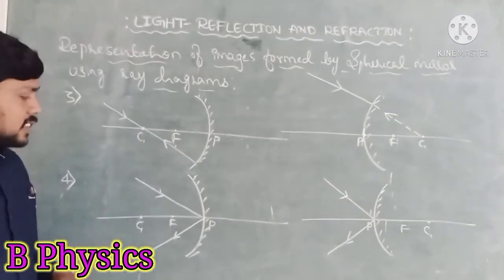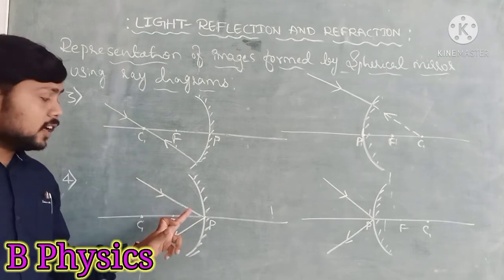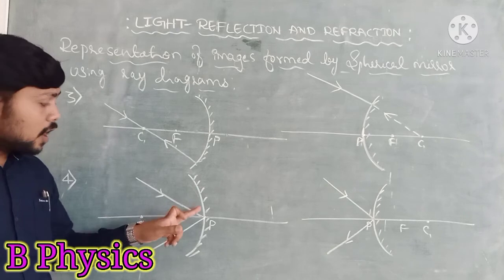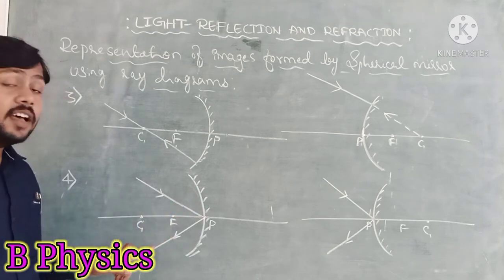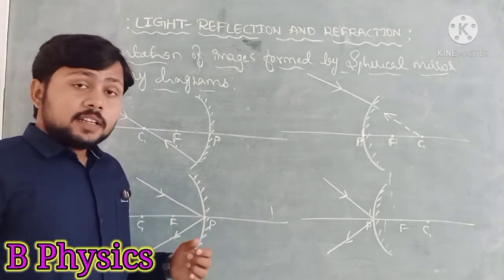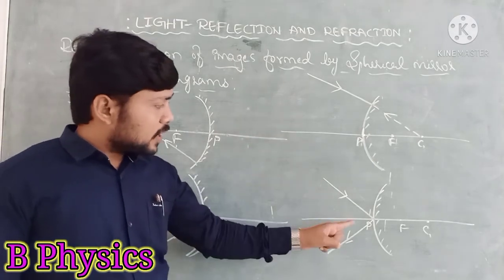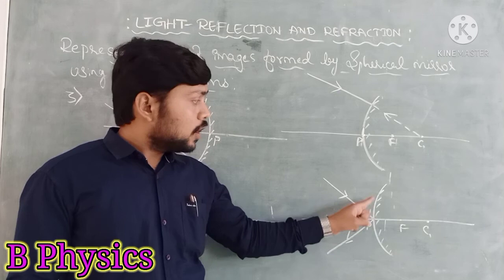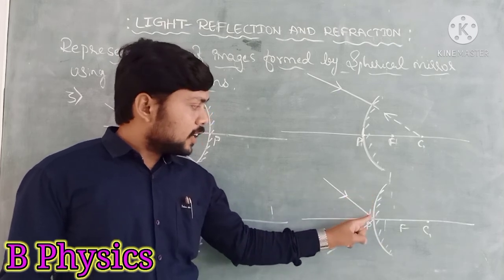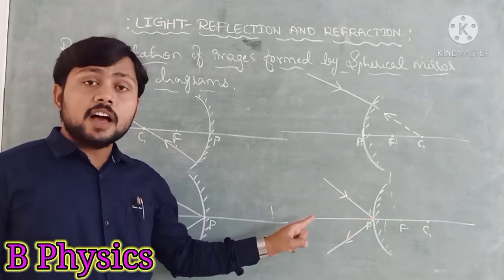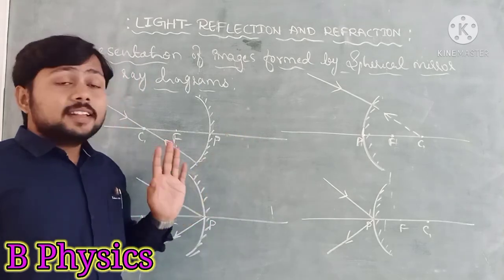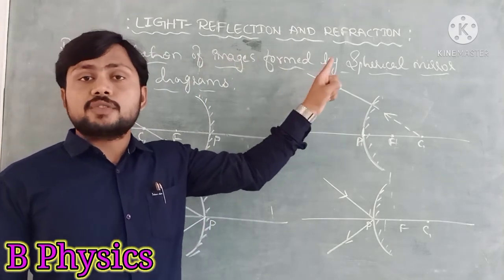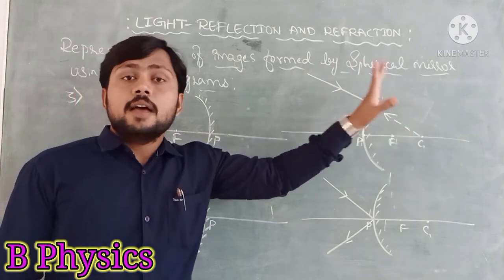The fourth rule says that when a ray of light is incident at the pole of the concave mirror obliquely, then it reflects obliquely. Similarly, in case of convex mirror, when a ray of light is incident at the pole of convex mirror obliquely, then it reflects obliquely. So these are the main four rules in order to represent the image formed by spherical mirror.